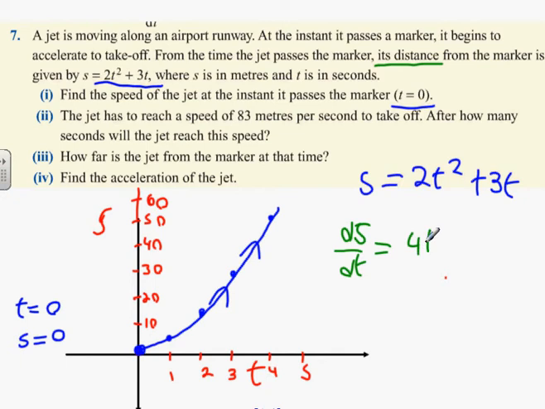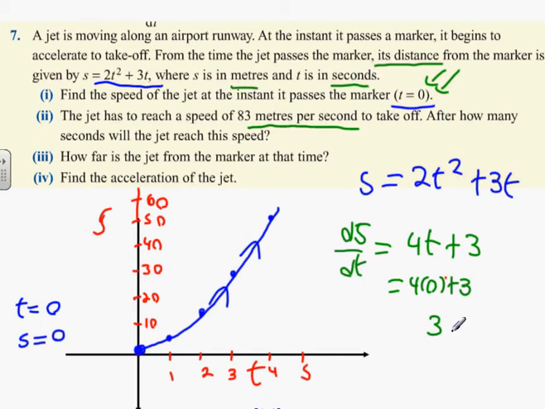And it wants me to plug in which value of t? 0. 4 times 0 plus 3? It's going 3. Now, is this meters per second or kilometers per second? I think we'll say meters per second, because it says meters and time is in seconds. 3 meters per second.